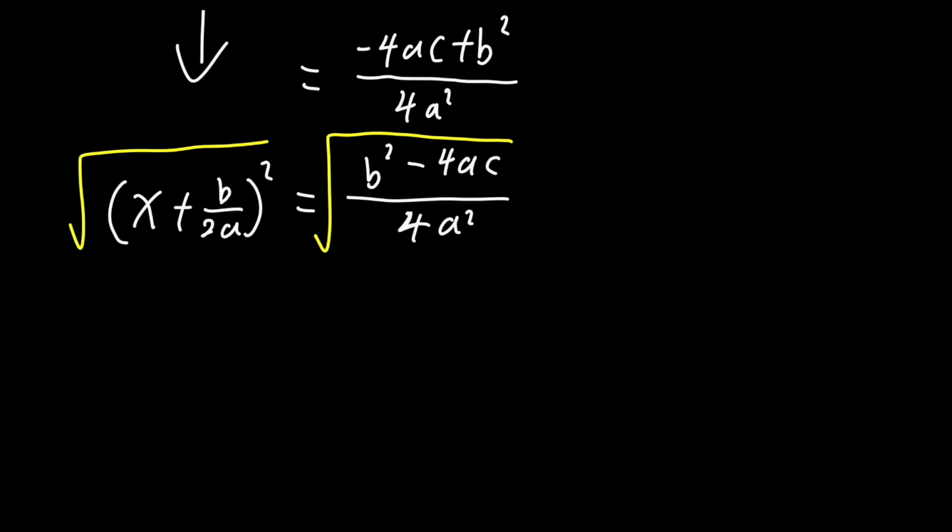This way, it will cancel. So x plus b over 2a. But make sure we put the plus or minus sign, because this is the square root property. And since x is a variable, we just keep in mind the plus or minus sign.